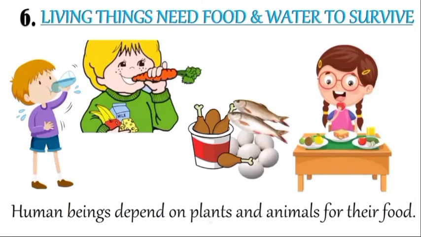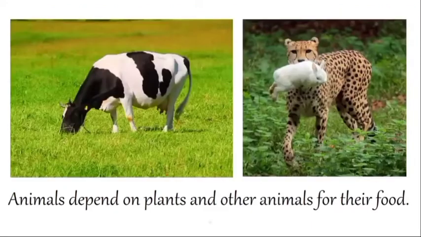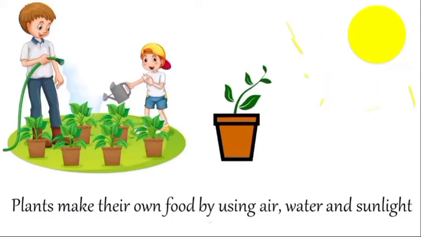Living things need food and water to survive. Human beings depend on plants and animals for their food. Animals depend on plants and other animals for their food. Plants make their own food by using air, water, and sunlight.